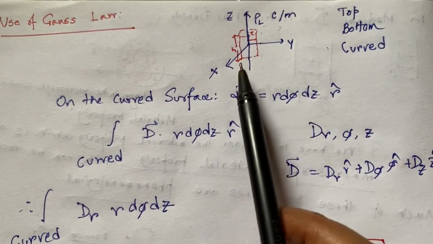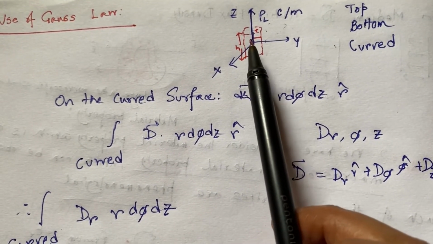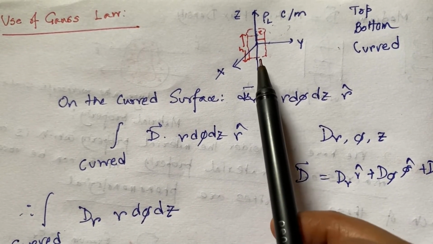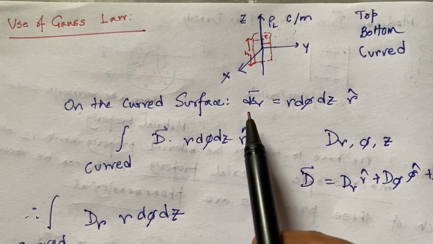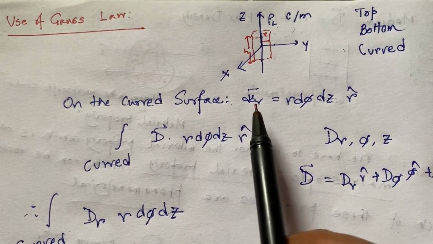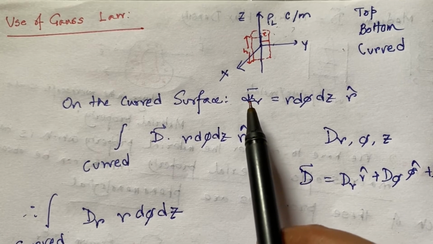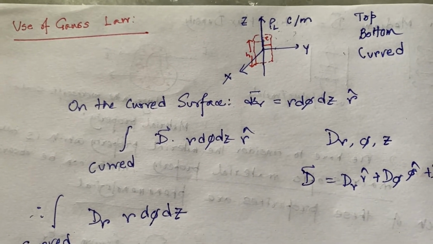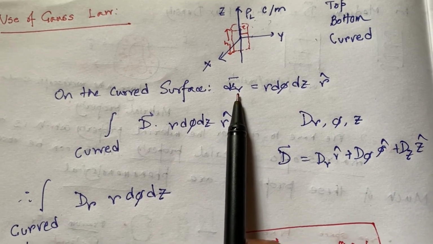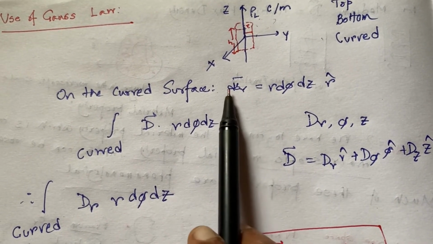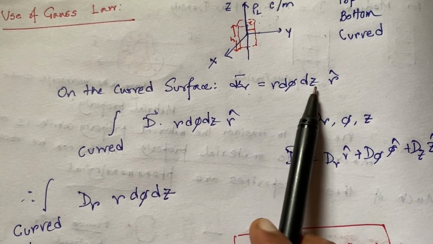Now, as this is symmetric along z and phi, we are interested only in the dS r, that is the radial component, and dS r is equal to r d phi dz.